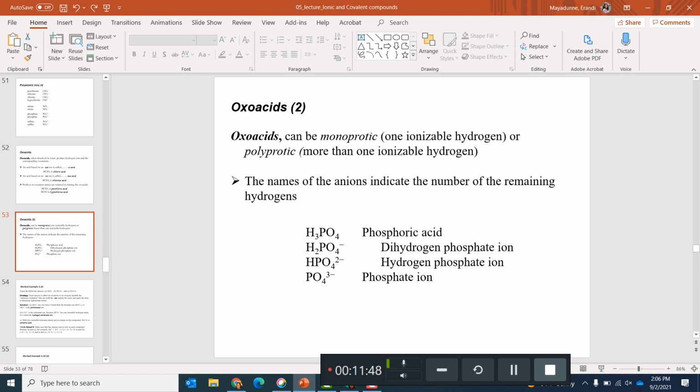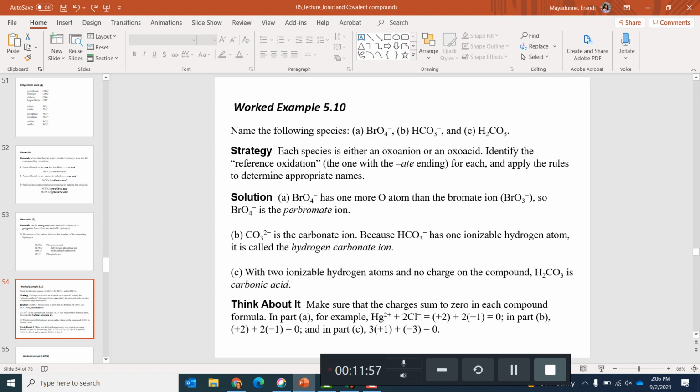And then, you can write this, phosphate, phosphoric acid. It goes like that. So the name of the following compound: BrO3 is bromate, BrO4 is perbromate, bicarbonate, carbonic acid.